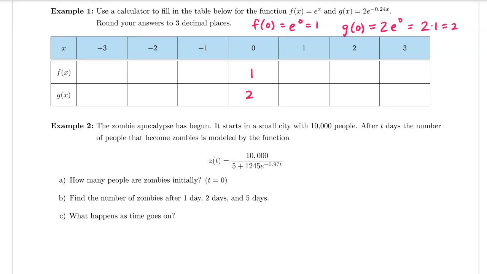That shouldn't have been surprising, since here that is basically our a value, or our starting value. If I raise e to the first power, so now plugging in 1 for our exponent, that's just going to give us the number e, and it tells us to round to 3 decimal places, so that's going to be 2.718.